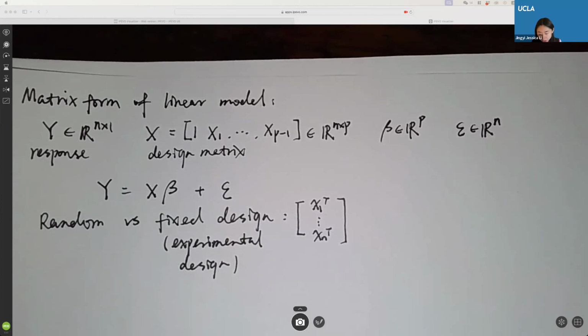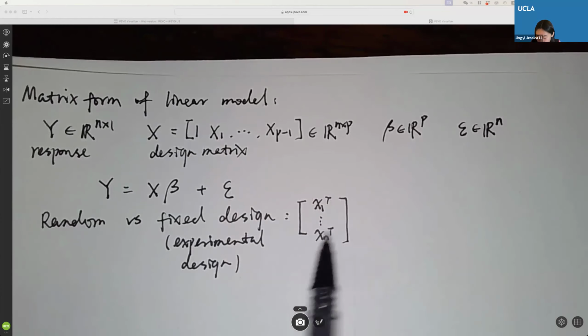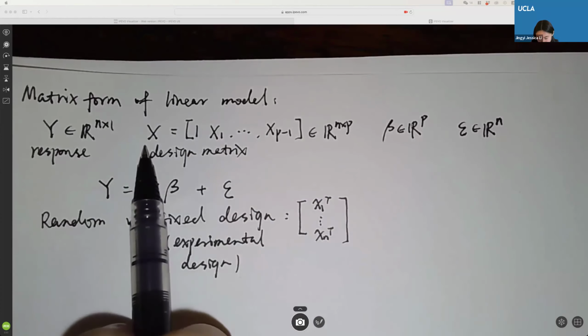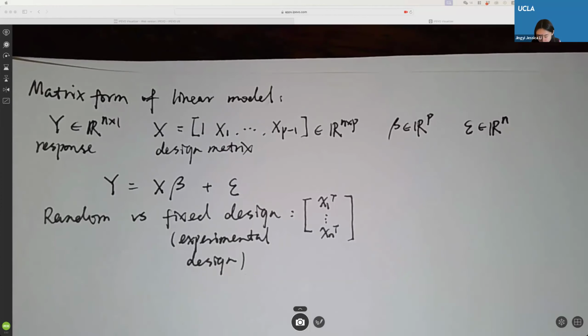Since in this case, experiment is what I designed, then the values of X are pre-specified. So before I even collect the data, I already lay out the design matrix. So I have this matrix already, based on which I do the experiment, I collect the Y. And that is where the fixed design originated from.